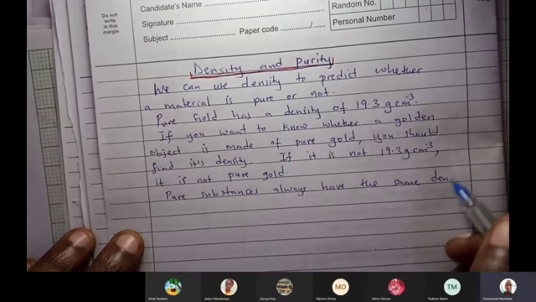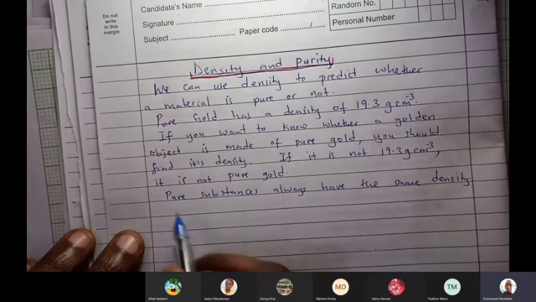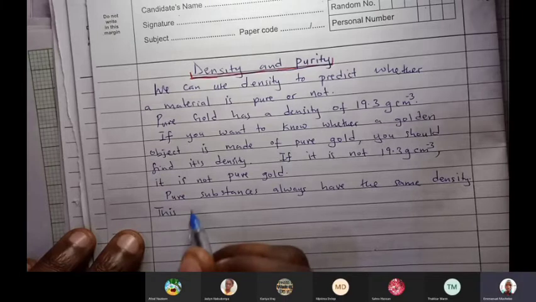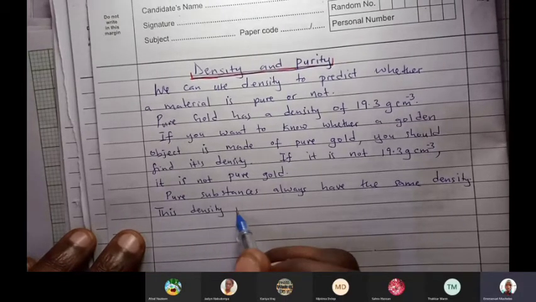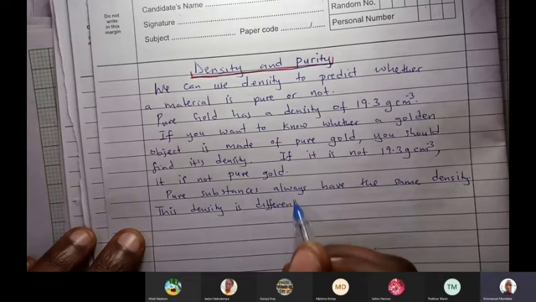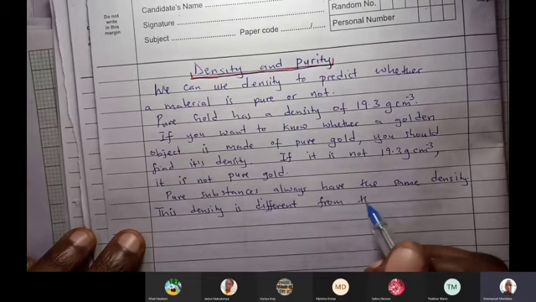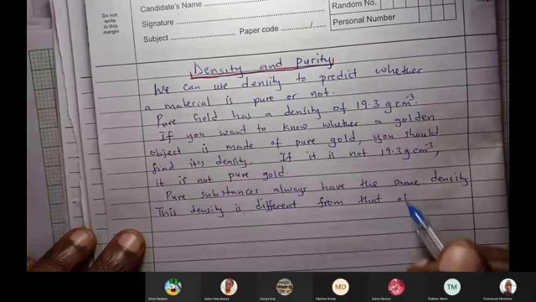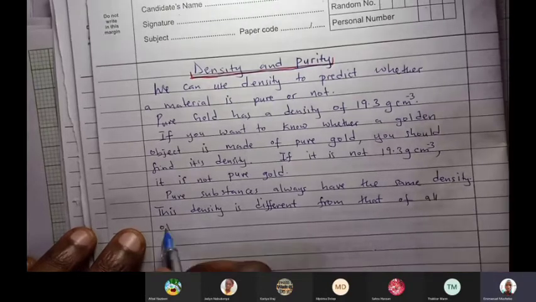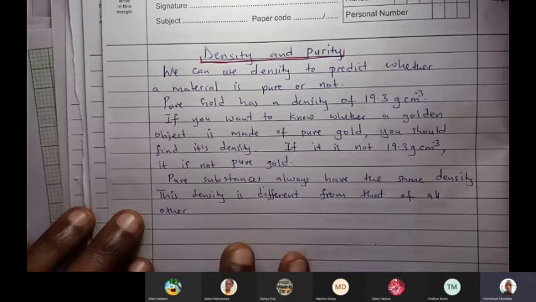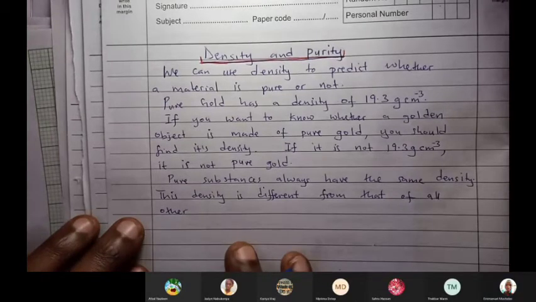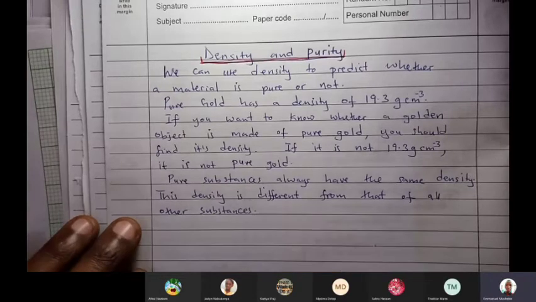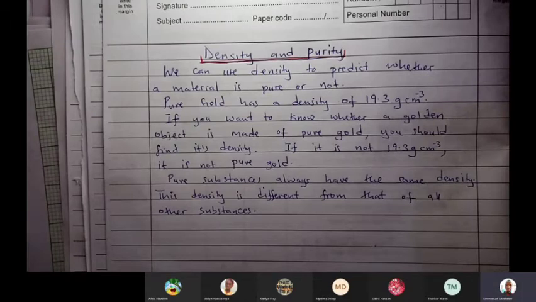Okay, and this density is different from that of all other substances. Full stop. Okay, so this is what we are looking at.